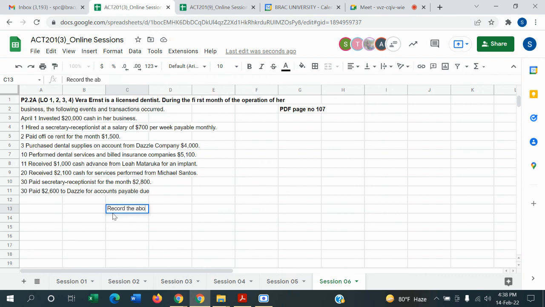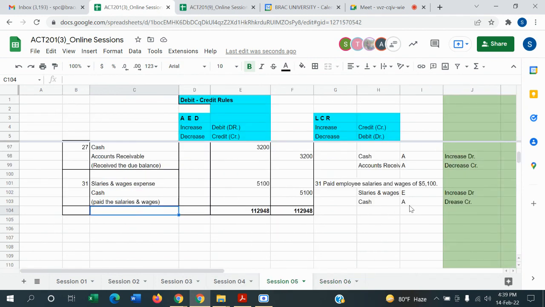Record the above transactions through journals. So this is what you have to do. You have to do the journals of the above transactions. I suggest you do it by yourself. You can do the workings for your convenience, but try to be familiar, doing it in your mind, whether you can do the journals or not.